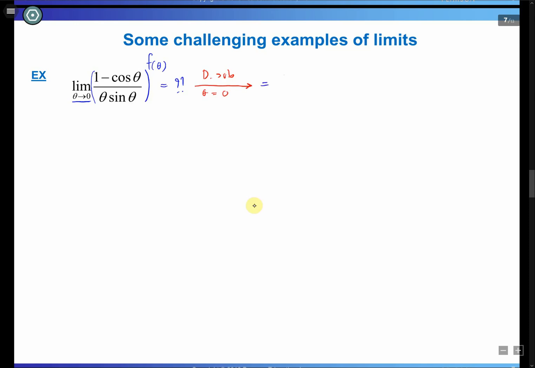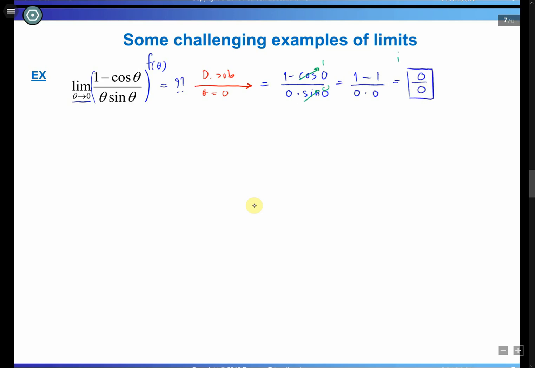We get 1 minus cosine 0 divided by 0 times sine 0. Cosine 0 equals 1, sine 0 equals 0. So we have 1 minus 1 divided by 0 times 0, and that is equal to 0 divided by 0. Once again, we have this indeterminate form.